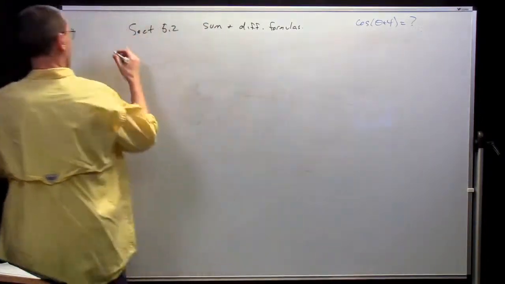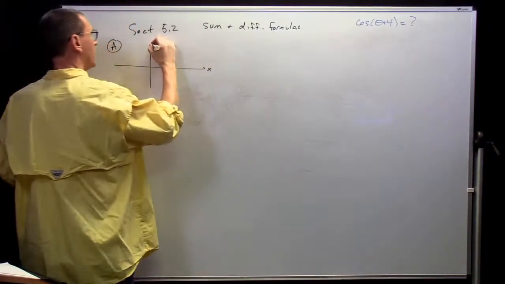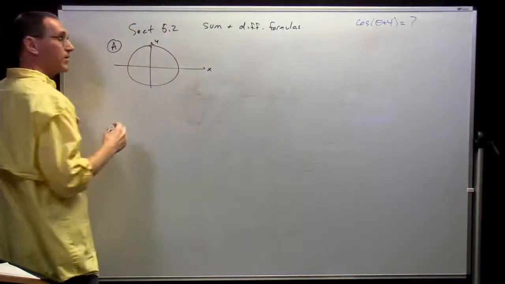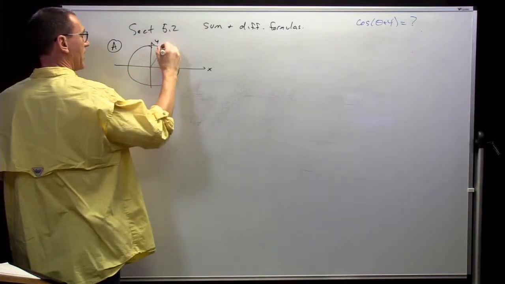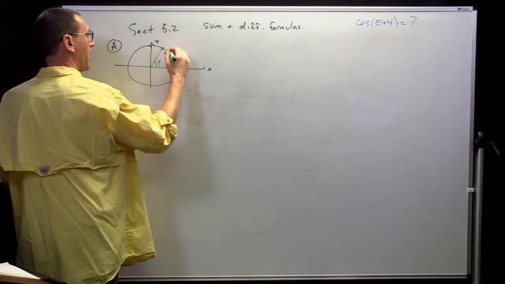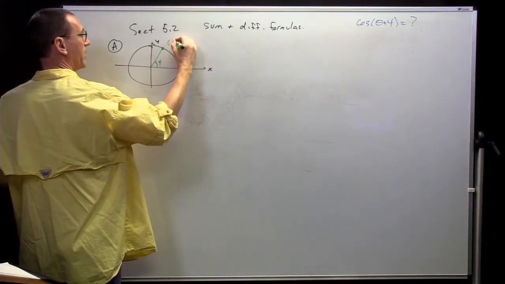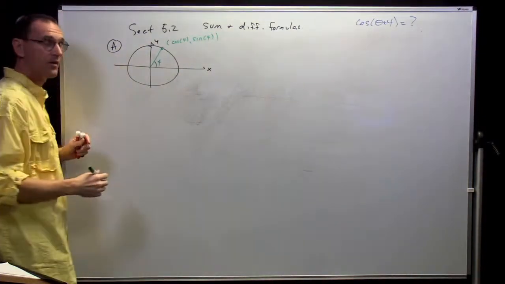The first thing I'm going to do is go back to the unit circle. So suppose I've got some angle here, we'll call that psi. This point right here is going to be cosine of psi, sine of psi.